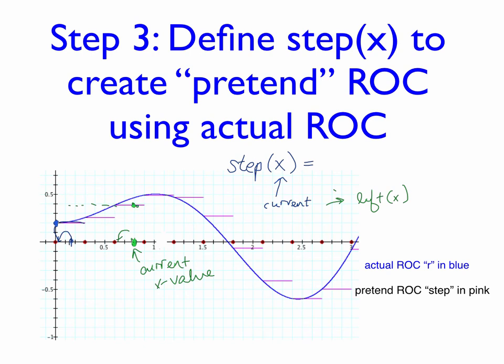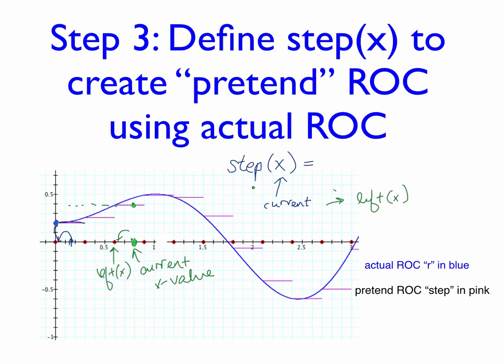What is the y value for this pink strip? Don't give me an approximation. I want an exact representation of the y value of the pink strip. Remember, left of x gives us an x value. Left of x puts us here.